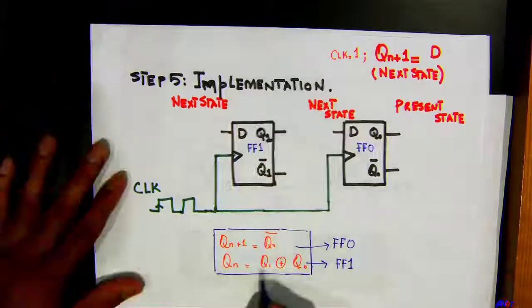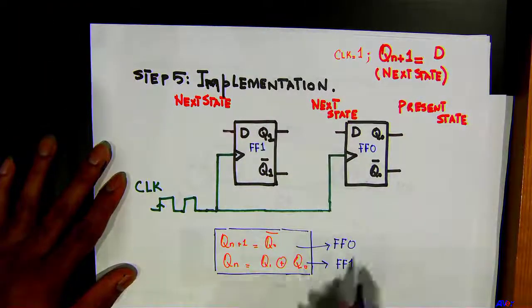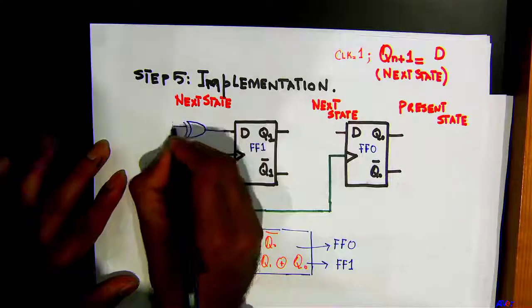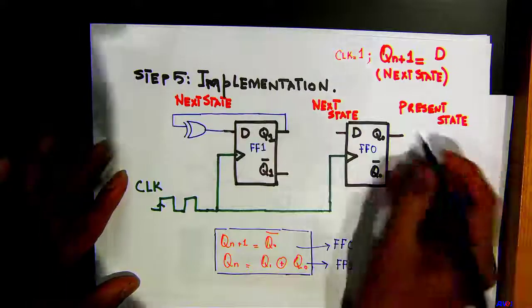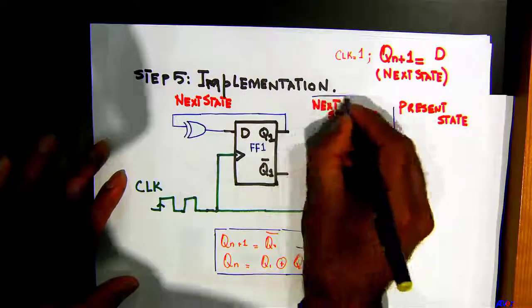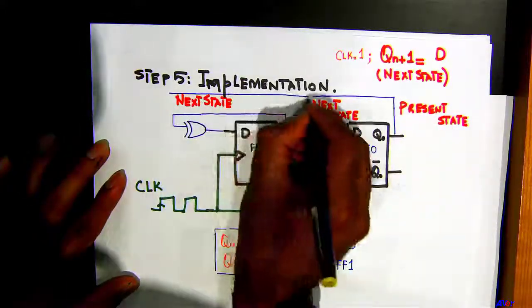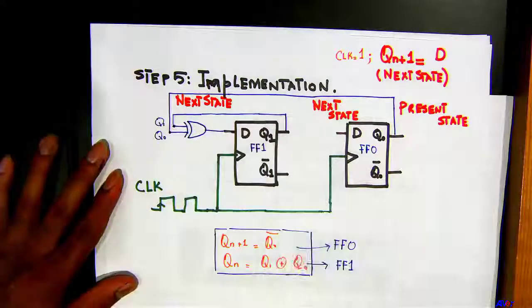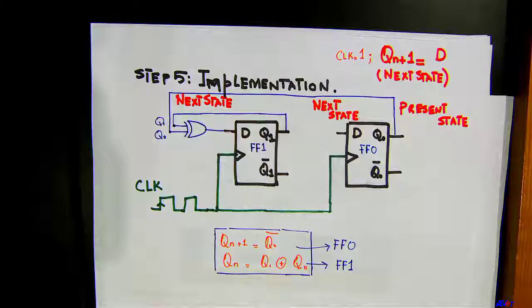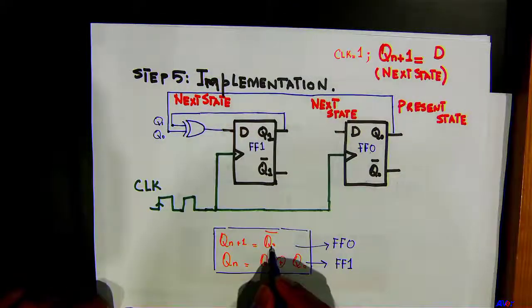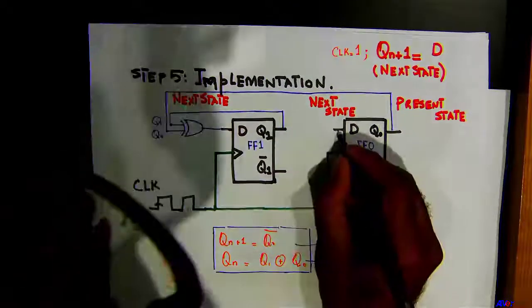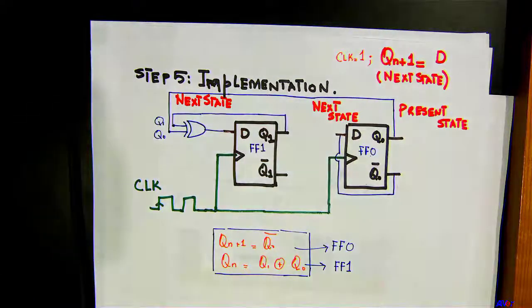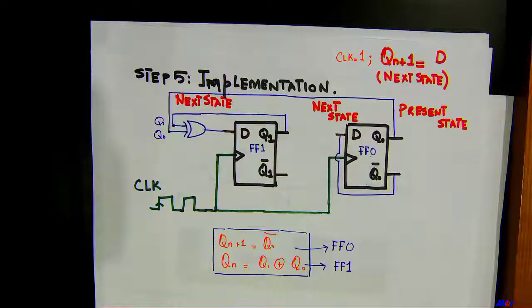Because it's an exclusive OR gate for Q1 and Q naught, the next term for this flip-flop is Q naught bar. And that makes your 2-bit counter.